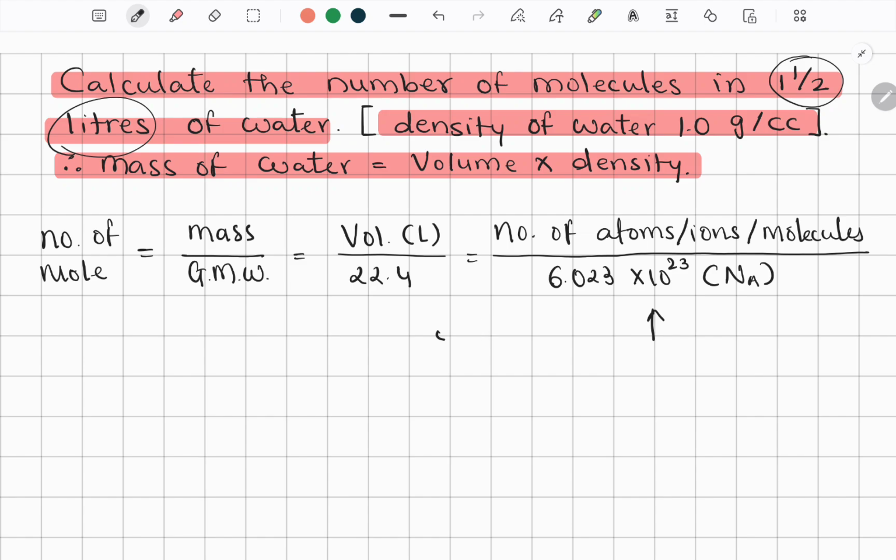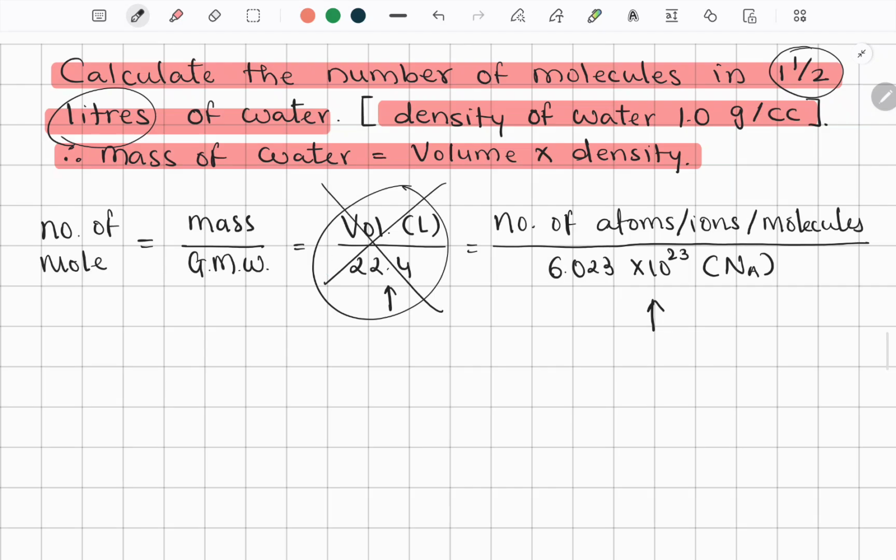Why is it wrong? The volume is given in liters, but it's wrong because that 22.4 liter per mole applies only to gases at standard temperature and pressure. What is STP? 0 degree Celsius and 1 atmospheric pressure, and not to liquids like water. Therefore, we cannot use this formula.